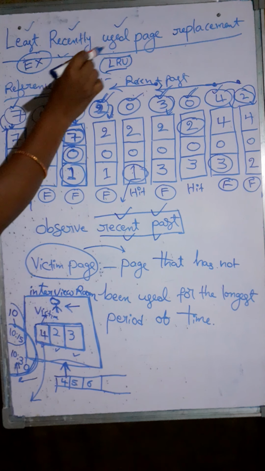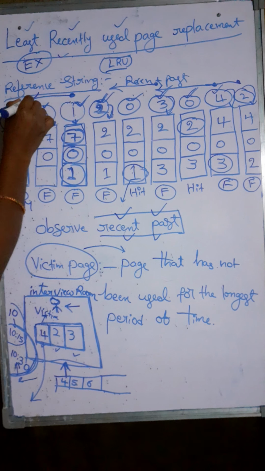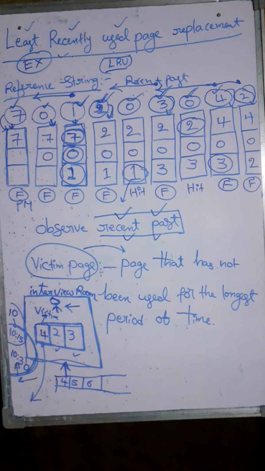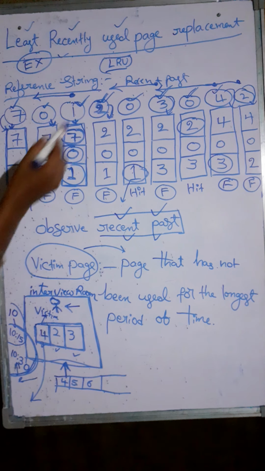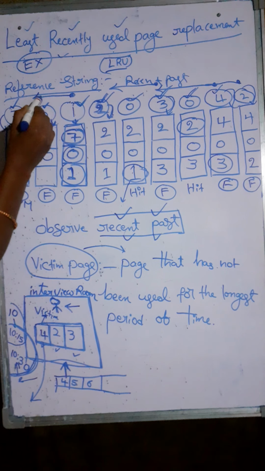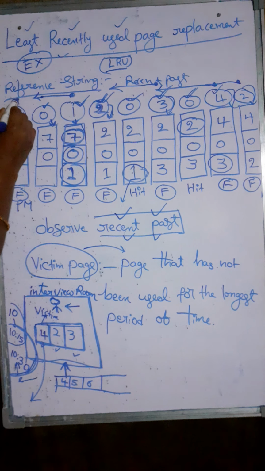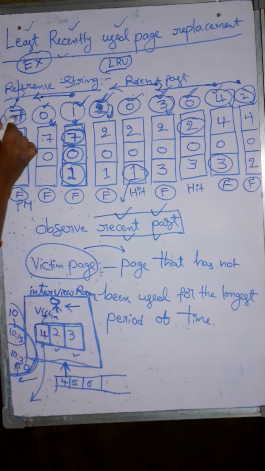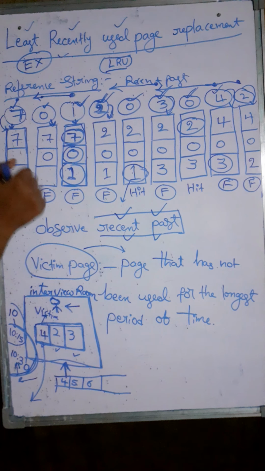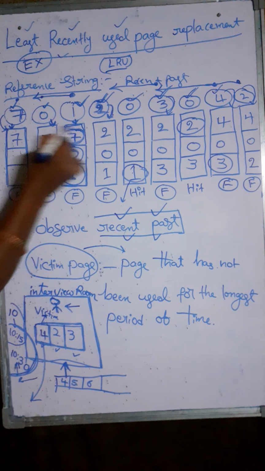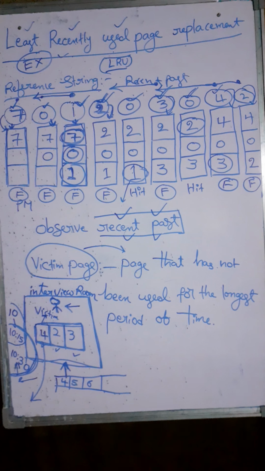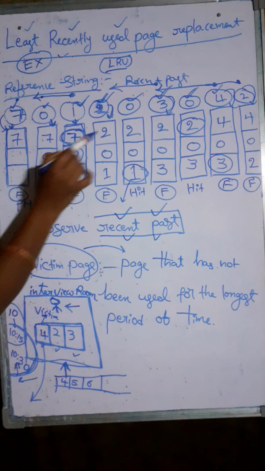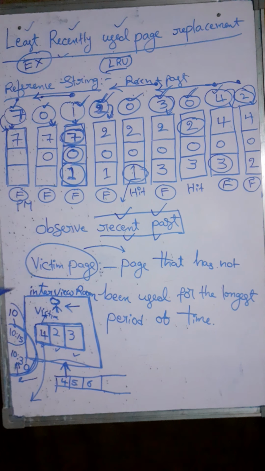In the least recently used page replacement, we observe the recent past. If you observe the recent past, 1 is asked here, 0 is asked here, and 7 is asked here. That means among these three pages, page number 7 has not been asked for the longest period of time. So we will choose 7 as the victim page. Now we will deallocate memory space for 7 and we will allocate memory space for 2.